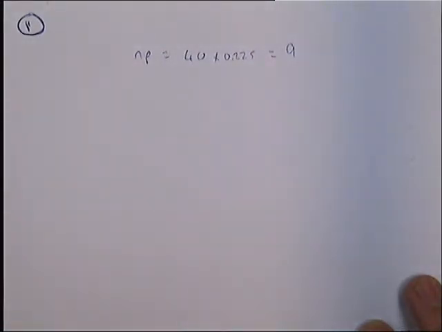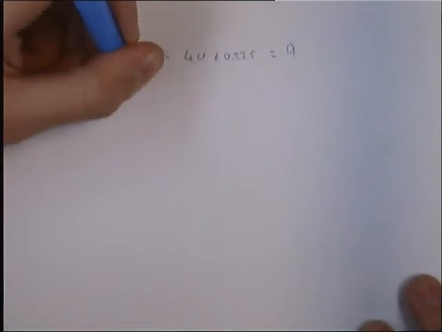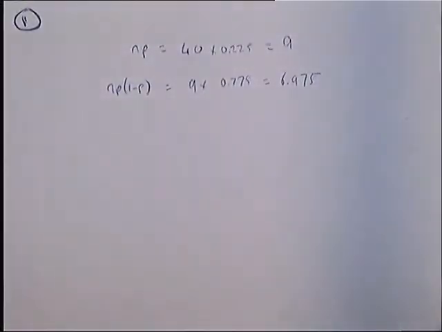And then to find the standard deviation, it's NP times 1 minus P, so that's equal to 9 multiplied by 0.775, which is equal to 6.975. And I've done that because I realised that it followed the normal distribution.